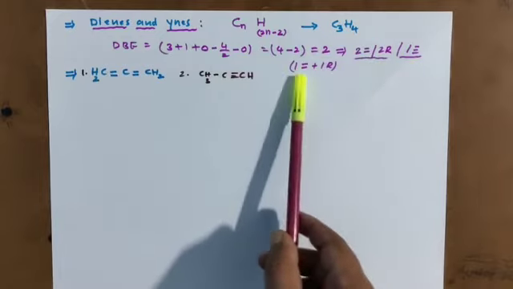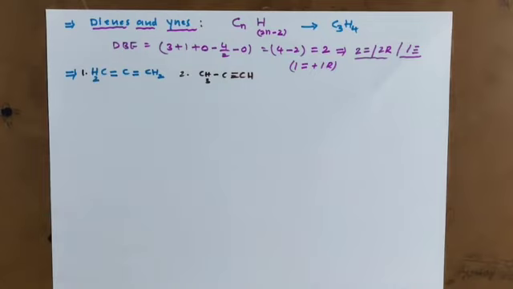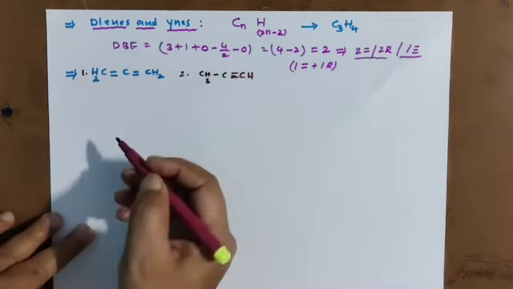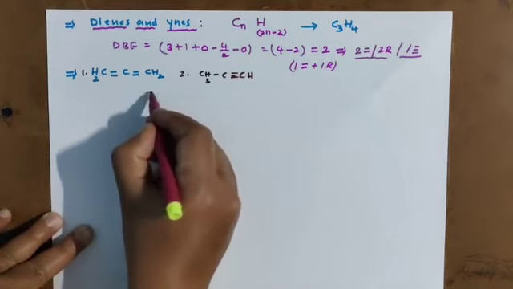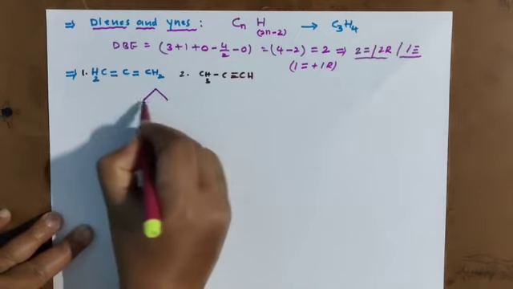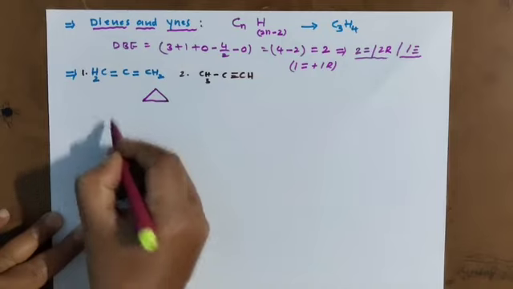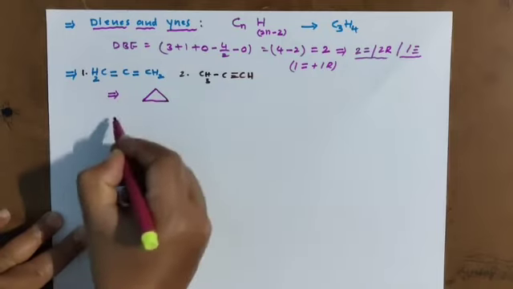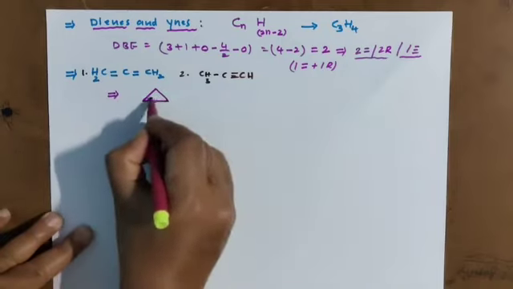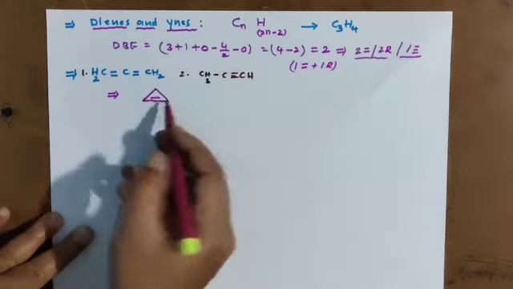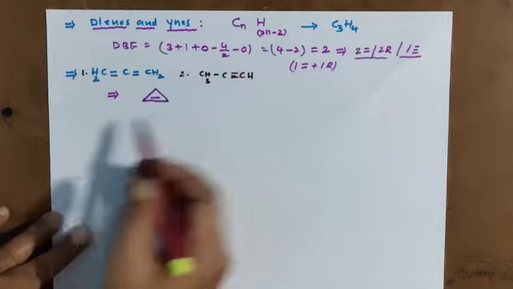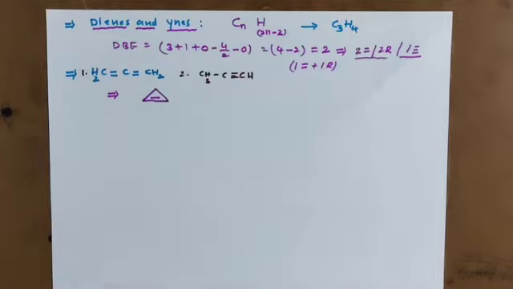Now we have the chance of 1 double bond and 1 ring. With 3 carbons we get cyclopropane, but we have to maintain a double bond, so here I take a double bond: 1 ring and 1 double bond, cyclopropene.